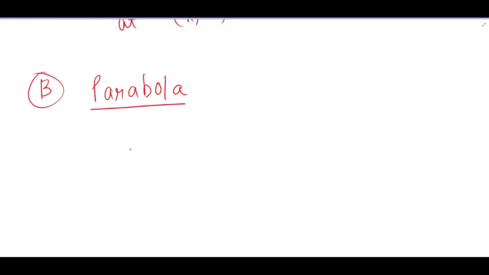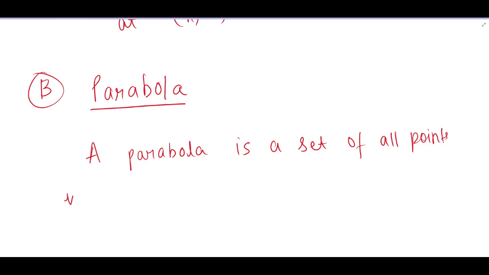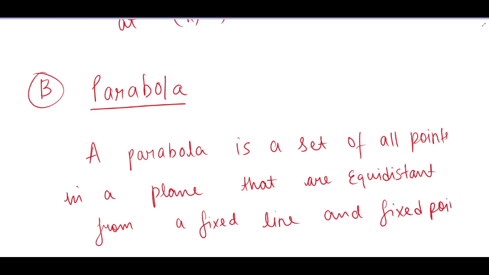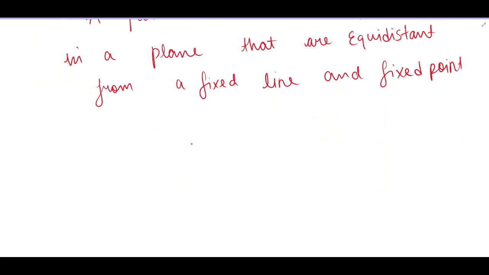So next is parabola. A parabola is a set of all points that are equidistant from a fixed line and a fixed point, where the fixed point is not on the line.